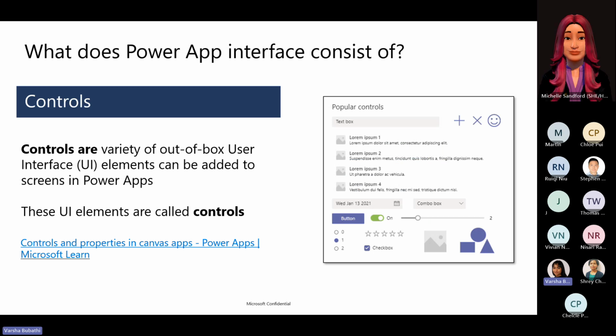This data can then be displayed and manipulated through controls. Controls refer to the user interface elements or components that are used to interact with data and perform actions like taking user input. Some examples include buttons or a checkbox.